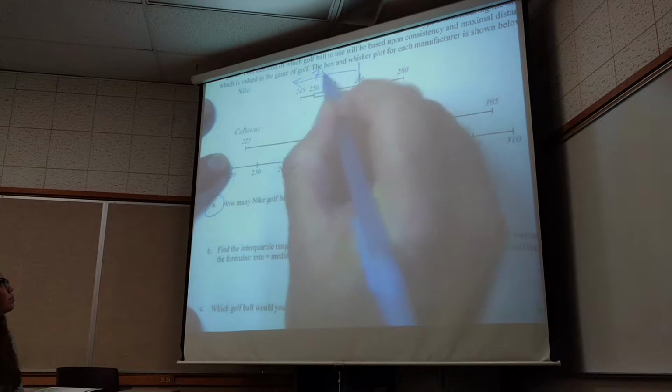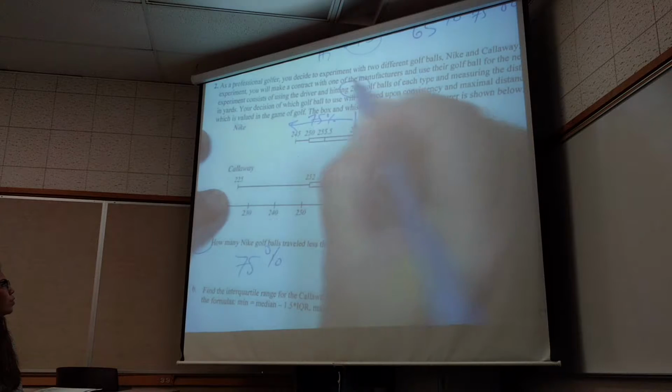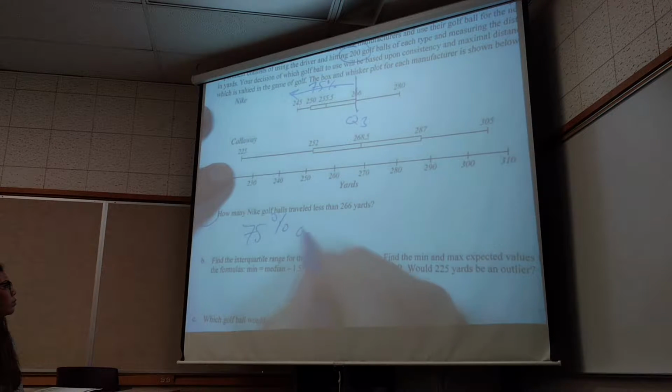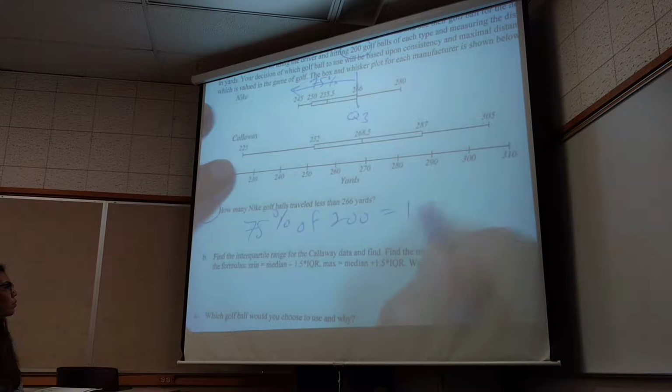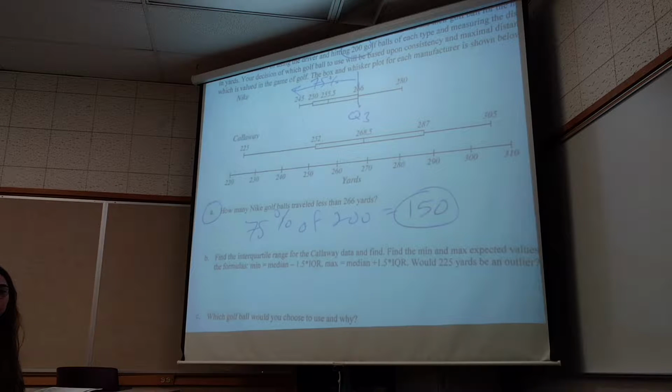So 75% below it. And how many golf balls are there? 200. So 75% of 200? 150. So it's about 150 golf balls below there. I love the people that were worried about whether to include the 266. I don't know if there were any golf balls that went 266 yards. That's just what the median was that they calculated.